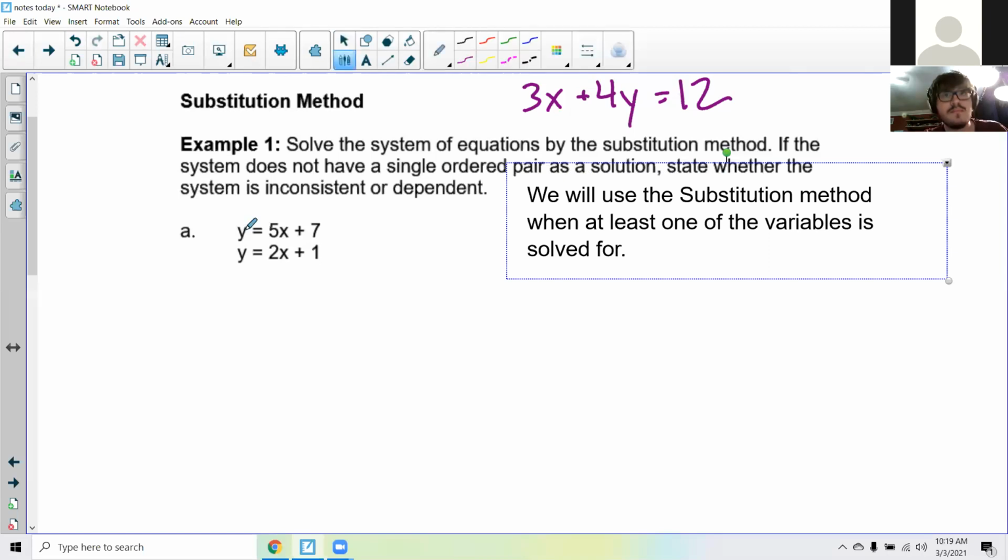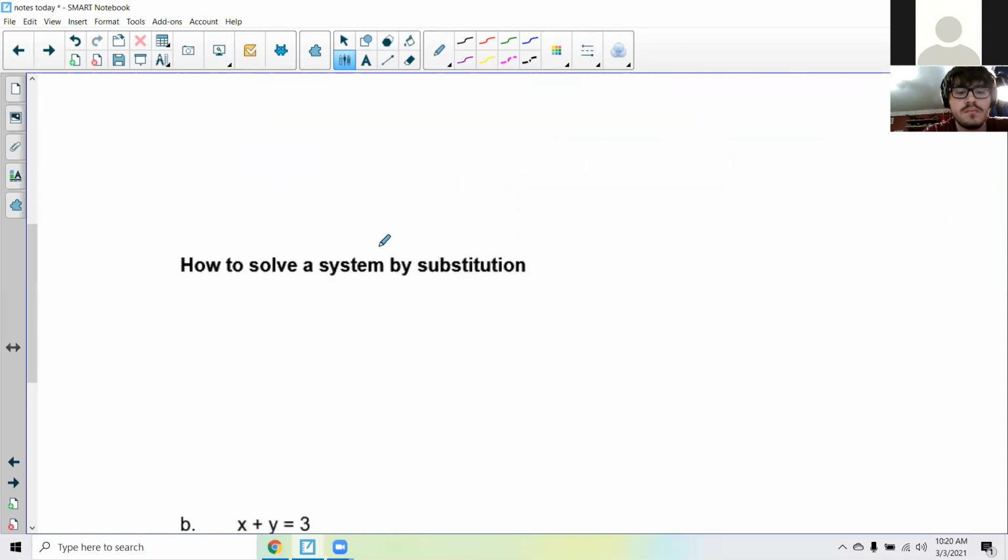So notice here, I have y equals this, y equals this. In this particular case, the y is already solved for. I have a y by itself on one side of the equation. It doesn't matter if it's in both. All you need is just one of the equations to be solved for y or x.